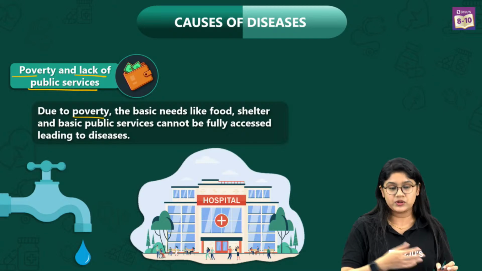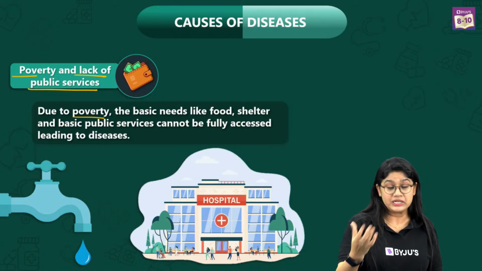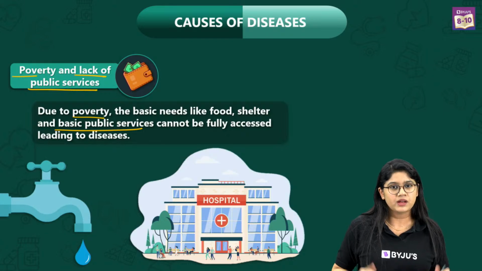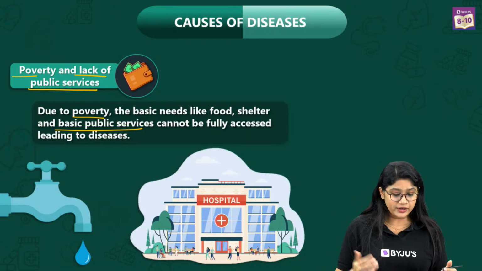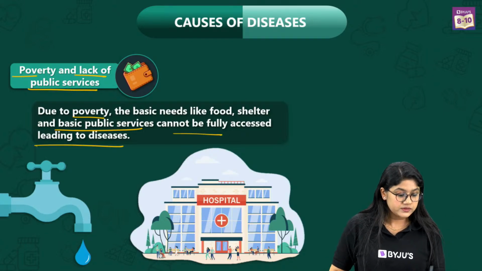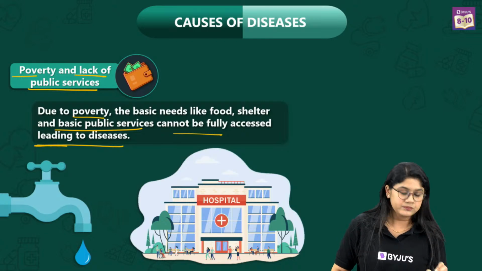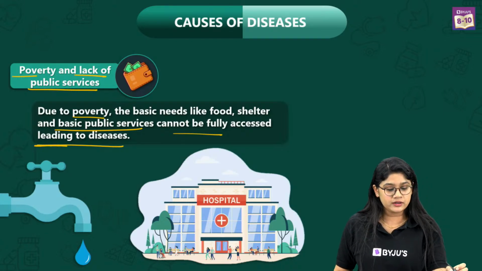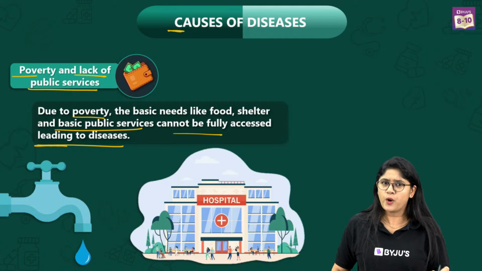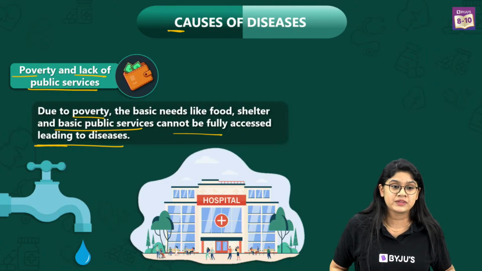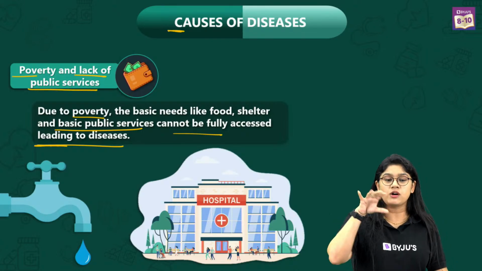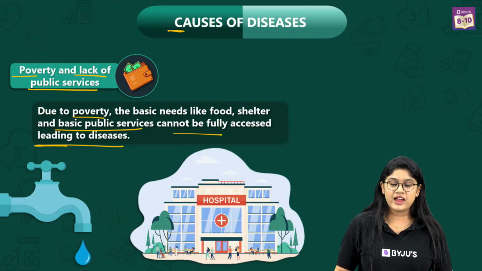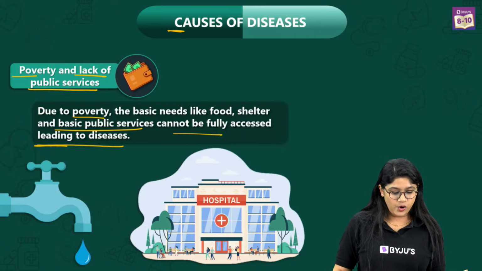If there's poverty, the basic human needs, be it shelter, food and basic public service, a person will not be able to afford them, and of course, this all can lead to diseases, right? So here we have the third point, and this is one of the points that can actually cause disease. Yes, we can focus on the sanitation part of it. Very good. Awesome.